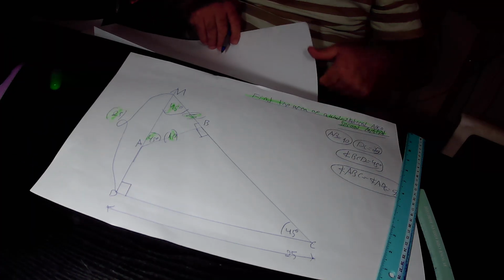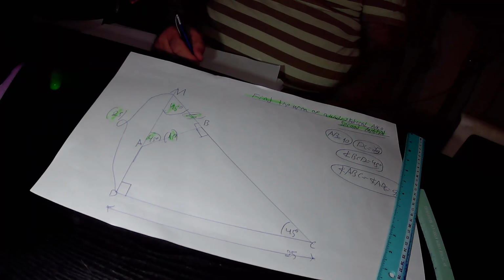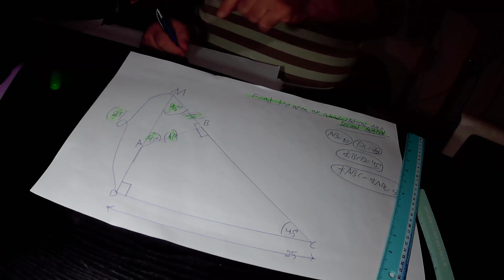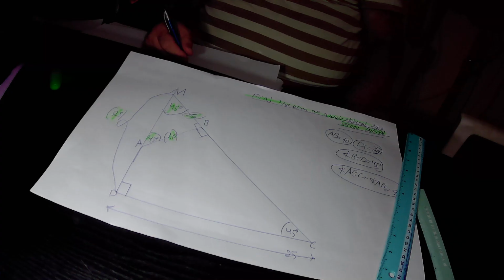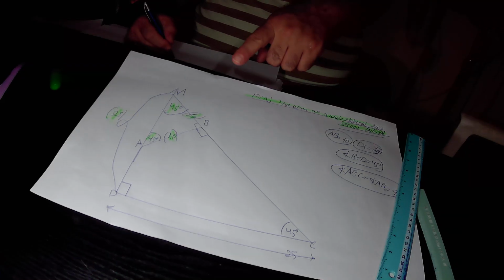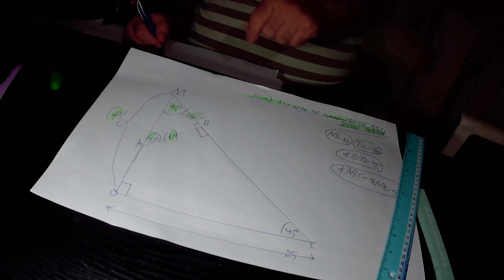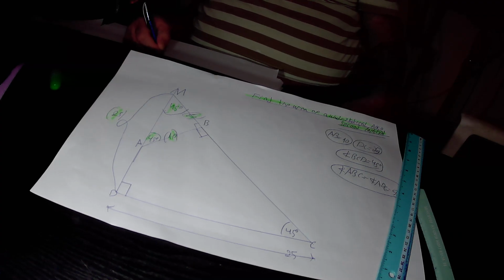DC is 25. DM is also 25, so DC times DM is 25 times 25 over 2, minus AB, AB is 10, times MB, MB is also 10.